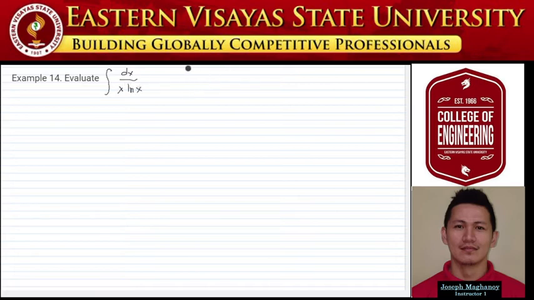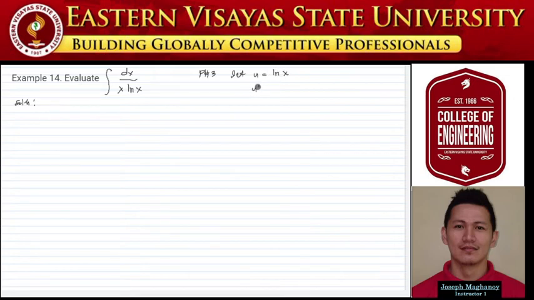Okay, so our first step for the solution is we need to apply our property number 3. So we need to determine the correction factor of our function. So we let u equal to ln x.